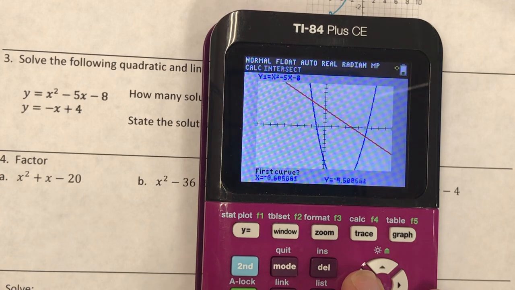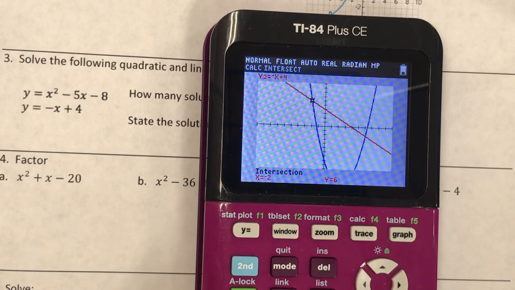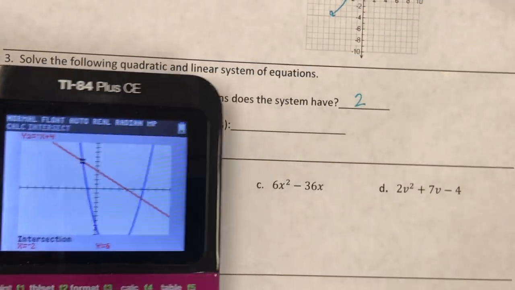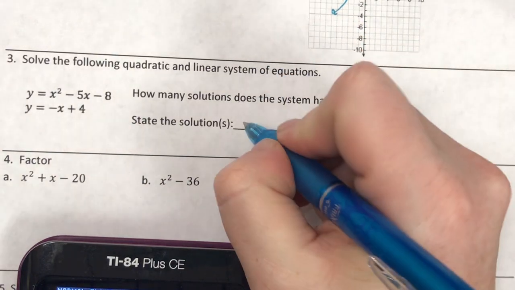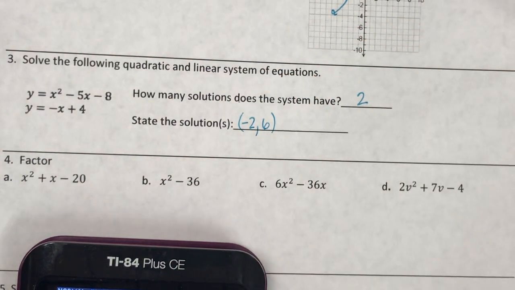And it's automatically going to find the intersection point that is the closest to where your cursor is. And we're going to hit enter 3 times. That gives us the first intersection point, negative 2, 6. And we write these like an ordered pair.